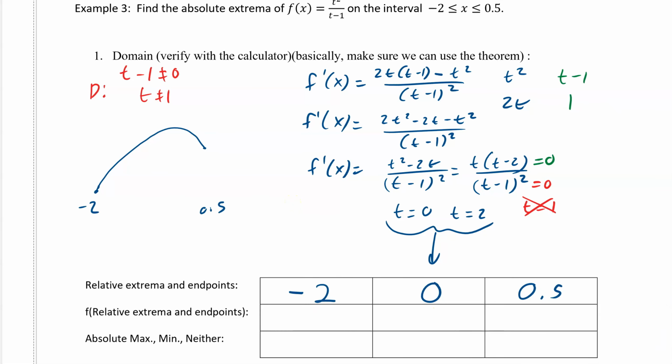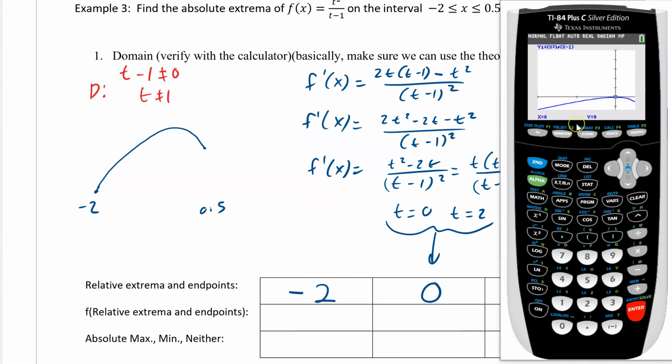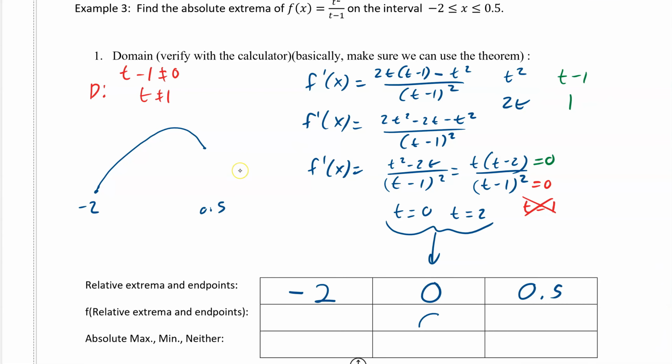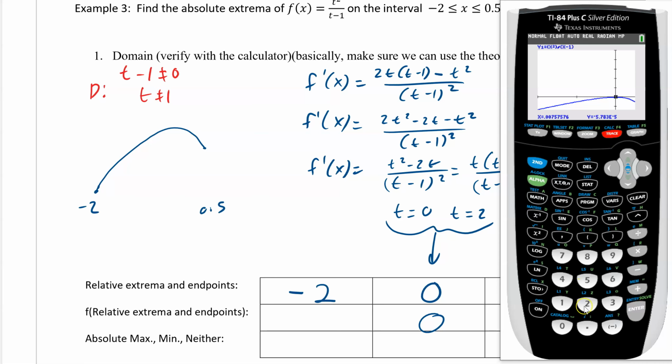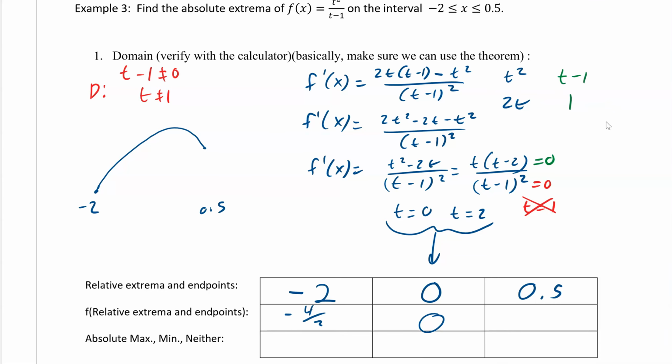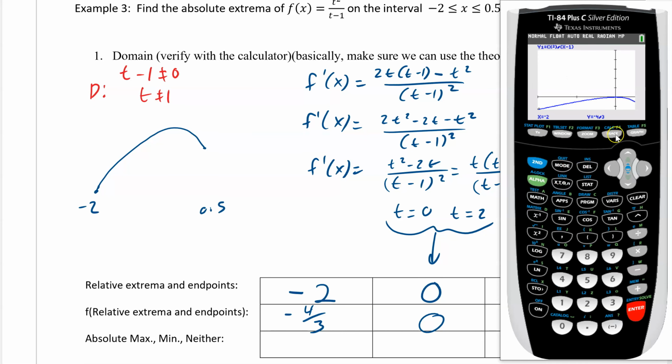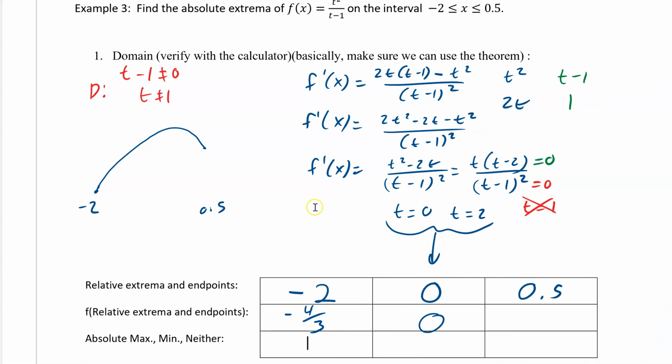And now we're going to find our y values. So 0 is 0. And we have to do -2. And that's -4/3, or 1.33. And then trace 0.5, which we already know is going to be higher at -0.5.